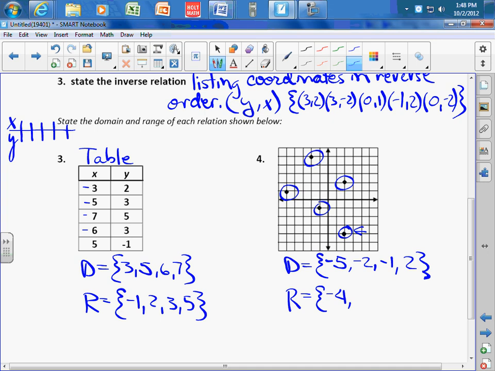Negative 4. Here's 1, -1. So -1 is my y coordinate. Here's 5, 1. 1 is my y coordinate. 2, 2. I have a 2 for the y coordinate. And here is -2, 5. 5 is my y coordinate. So there we have the domain and range for this relation.